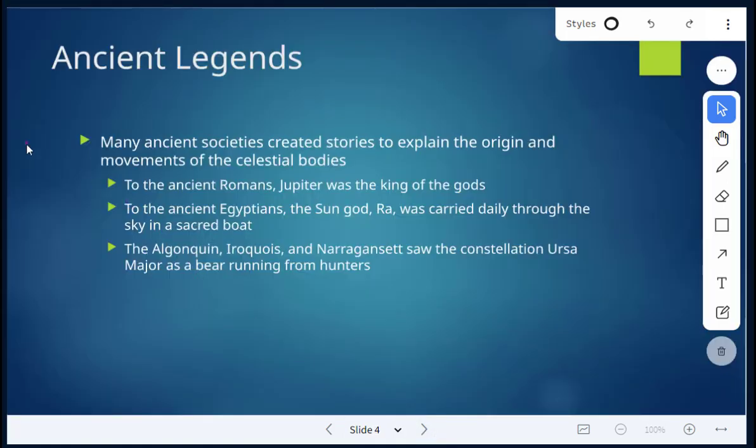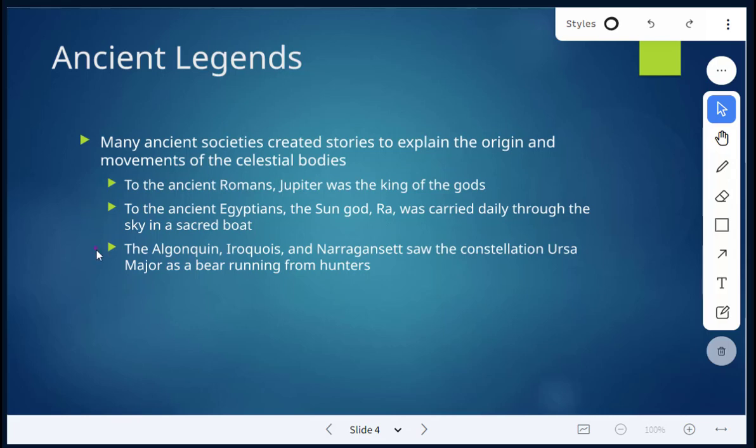So ancient legends, there's lots of different myths and legends. So many ancient societies, they created stories to explain the origin and movements of the celestial bodies. For example, to the ancient Romans, Jupiter was the king of the gods. To the ancient Egyptians, the sun god Ra was carried daily through the sky in a sacred boat.